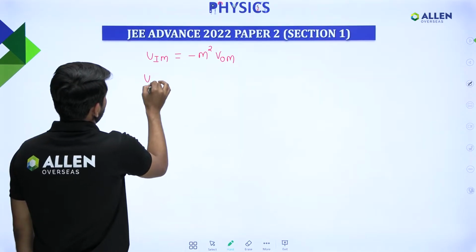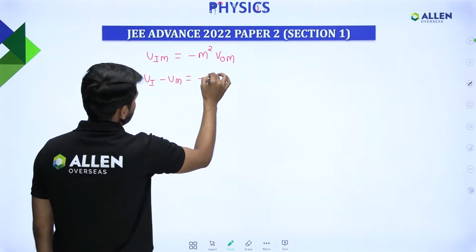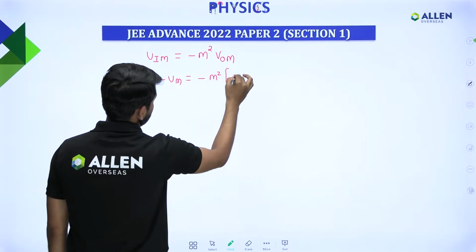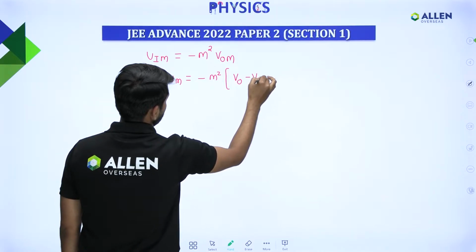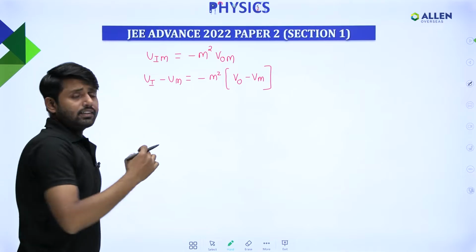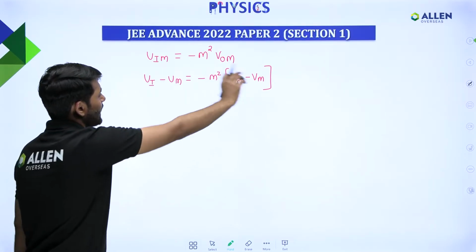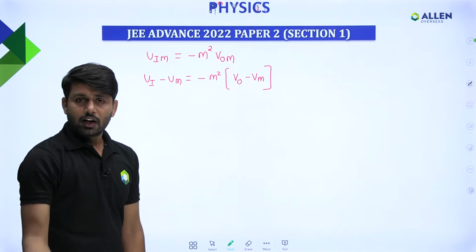So we can write Vi minus Vm is equal to minus m square times Vo minus Vm, right? Vi is velocity of image with respect to ground or laboratory frame. These all are velocities from ground frame.